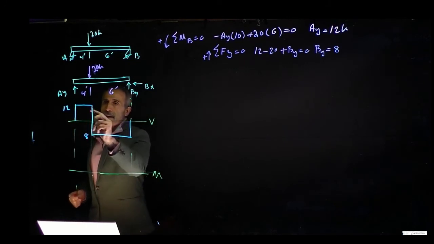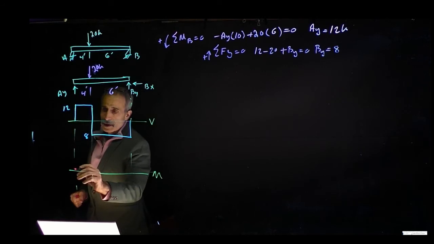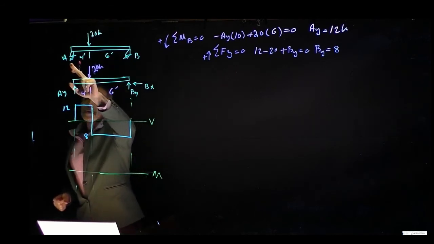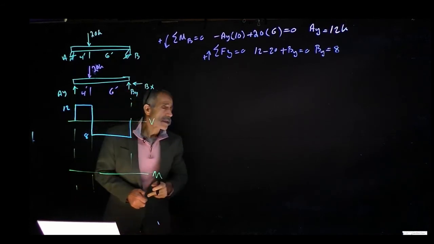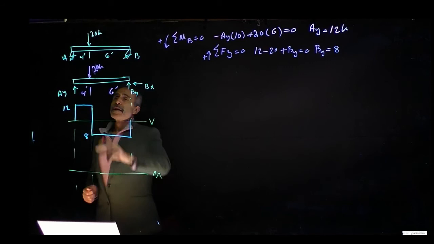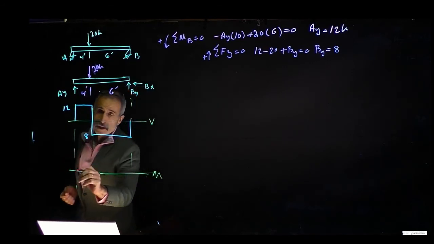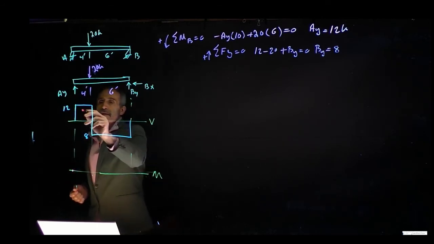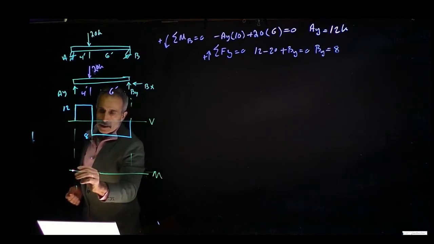And the area underneath here is what's going to control. So moment, when we have a roller, when we have a pin, there is no moment here. They cannot handle moment. So we know the moment starts out at 0 at this location. But this is positive as above, so it's going to go up right here. It's going to go like this, linear.